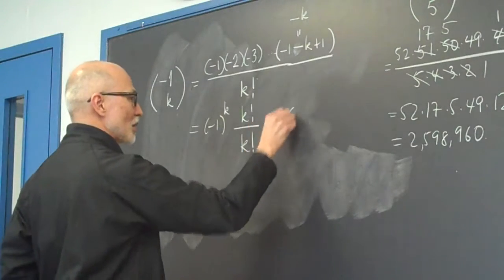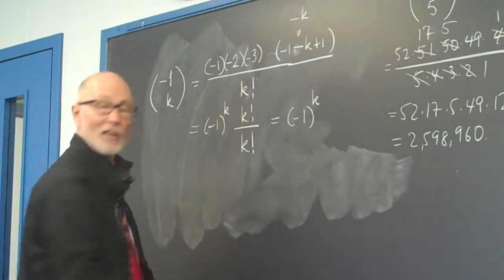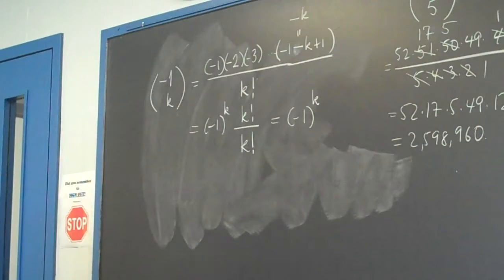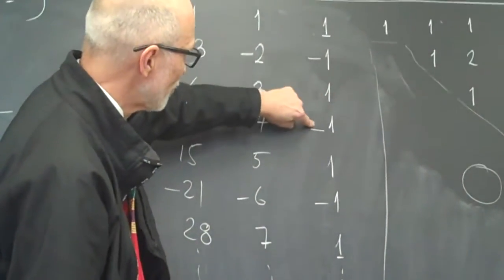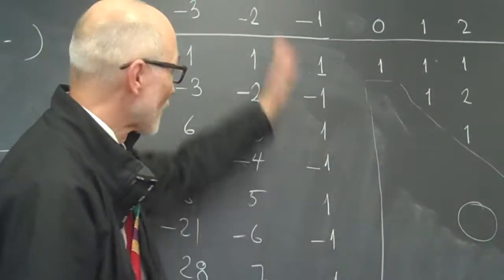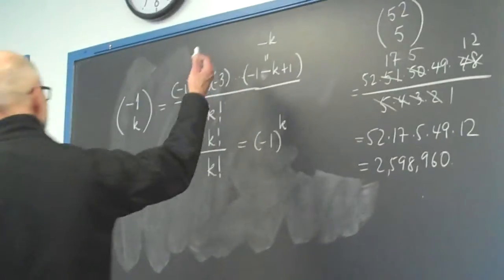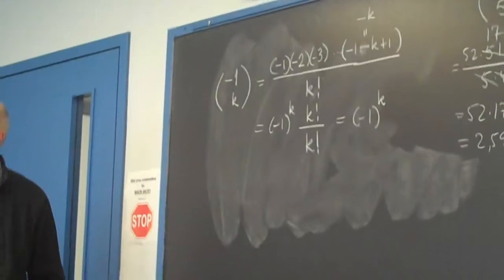So it's equal to minus 1 to the k. That is, it's just the sign, right? So here's minus 1 to the 0, minus 1 to the 1, minus 1 to the 2, so here's the alternating thing going for us here. And so this picks it out immediately, right?